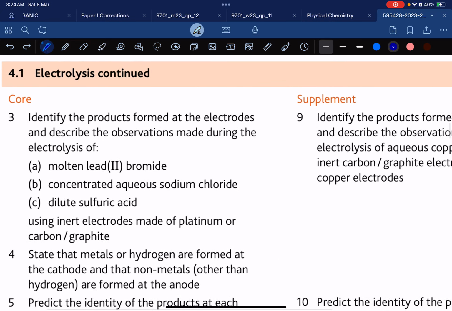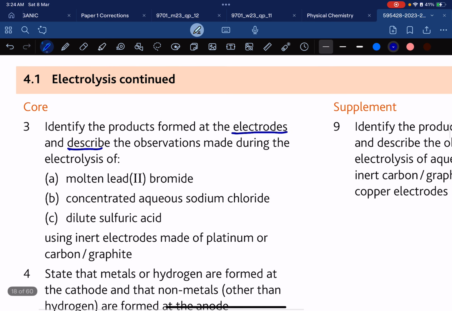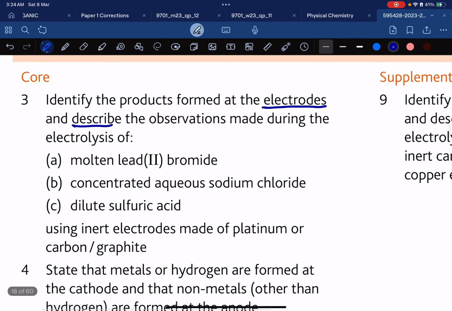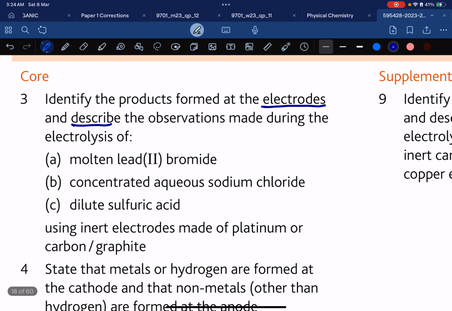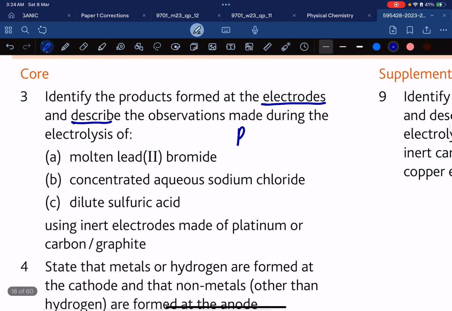Okay, let's go down here. Identify the products observed at the electrodes and describe the observation made during the electrolysis of molten lead 2 bromide, blah blah blah. Now when you have molten lead 2 bromide, which is basically PbBr2, because bromine is negative, it's an anion, so it will move towards the anode.